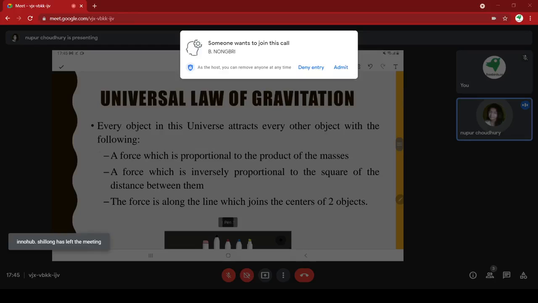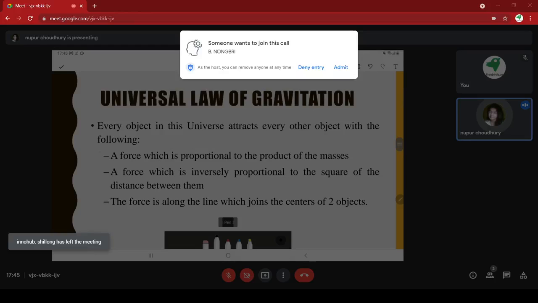The first point says that it is directly proportional to the product of the masses. This is the mass of Earth and this is the mass of the object, and it will be inversely proportional to the square of the distance between them. This distance is represented as r.